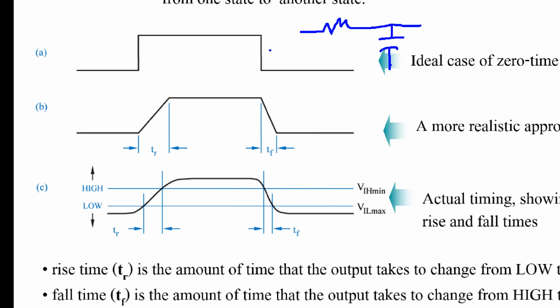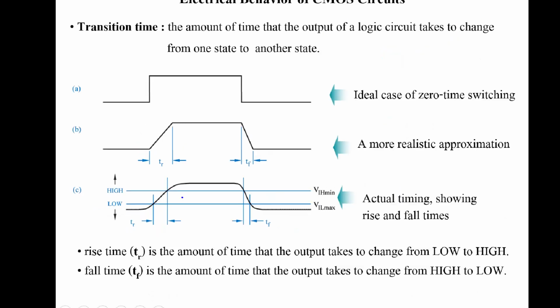If your input changes like this, your output changes in an exponential curve, from this level to this level. So it takes time, and that time is called transition time.